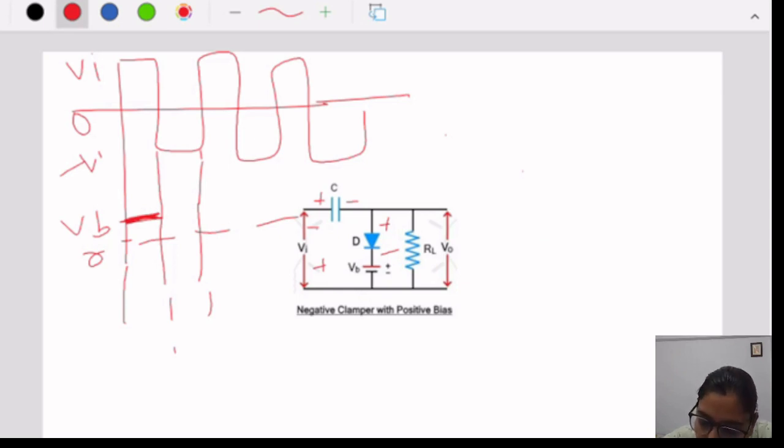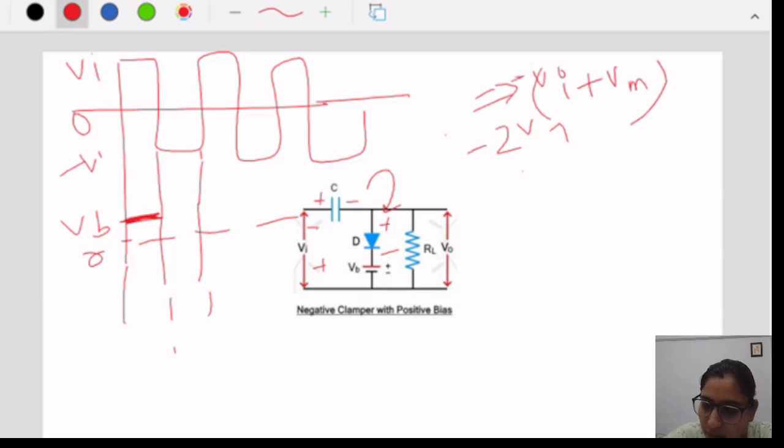And the negative of the capacitor is connected to the positive of the diode, which is nothing but minus 2 Vm, we can say. Because in the negative half we are considering Vi plus Vm, and they are both in the negative half cycle, so a negative sign will be there, and we consider Vi similar to Vm, so this is nothing but 2 Vm, with a negative sign, as we saw earlier.